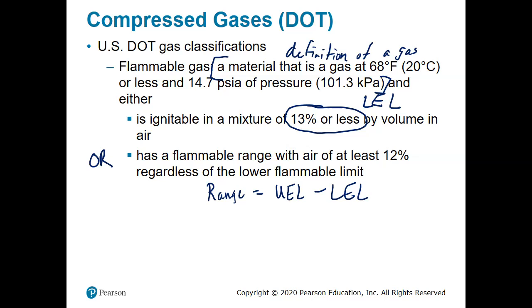Now keep in mind, just because something is classified or is not classified as flammable by the DOT doesn't mean that it won't necessarily ignite. Let's say, for example, that we have something that will ignite at a 20% mixture. So it ignites at 20% and stops being flammable around 30%.